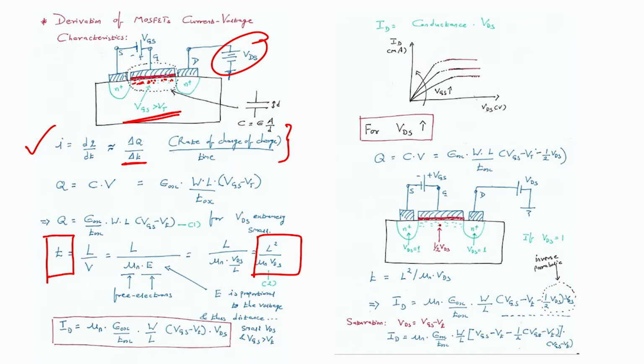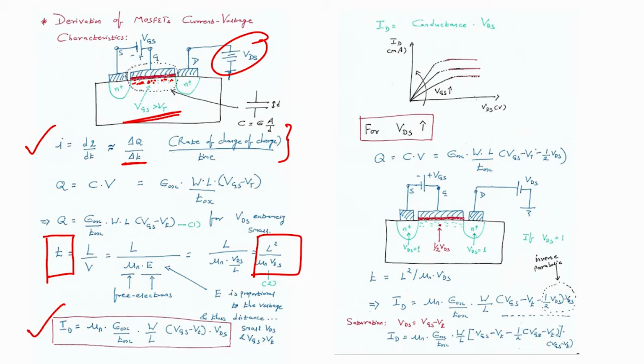I will have ID equals to mu n epsilon naught x divided by TOX into W by L into VGS minus VT into VDS, this equation, right.